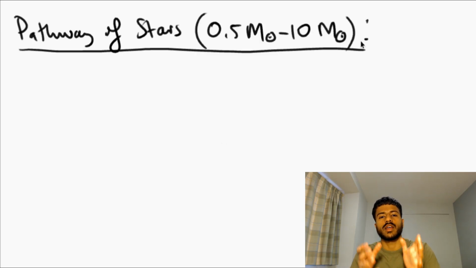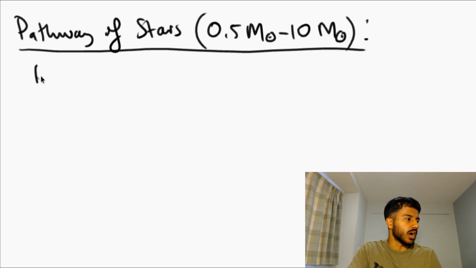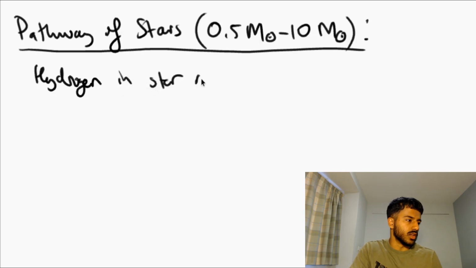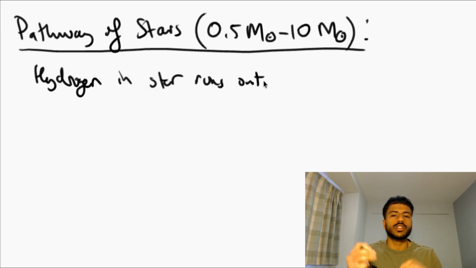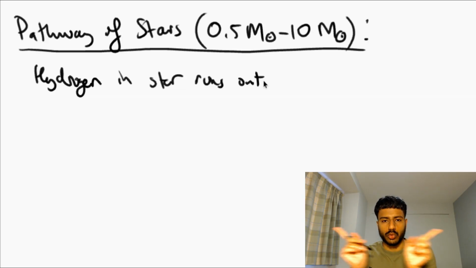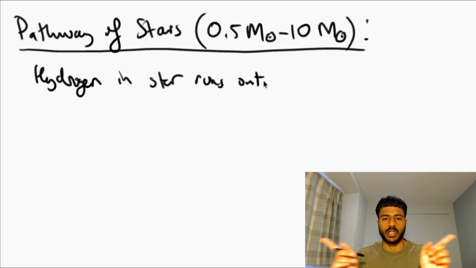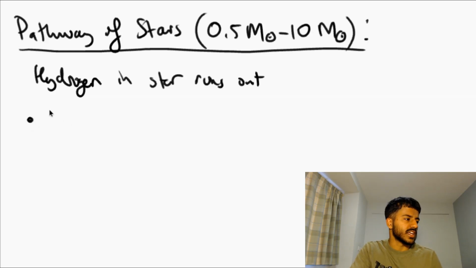The reason as to why the main sequence of these stars comes to an end is that the hydrogen in the star runs out, which means that fusion can no longer take place. So there is no more outward force of radiation pressure, but there is still gravitational attraction.